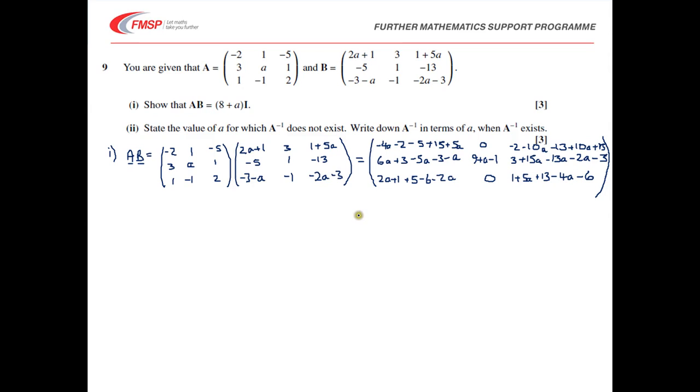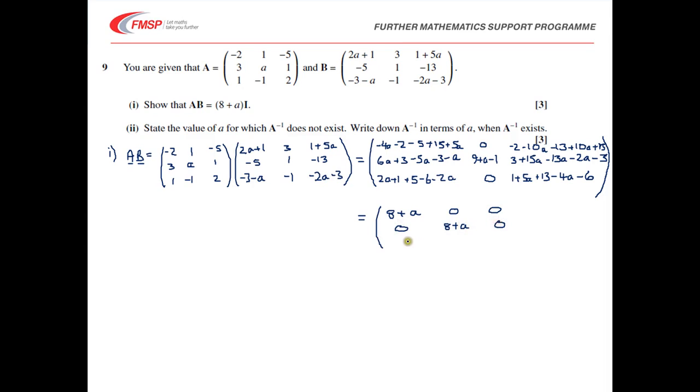It's important that you have all of that working in because it's a show that question. And then you see that the first term simplifies down to 8 plus a. Then we've got 0. Then the top right all cancels, that's 0. And 0. And in the middle we've got 8 plus a.